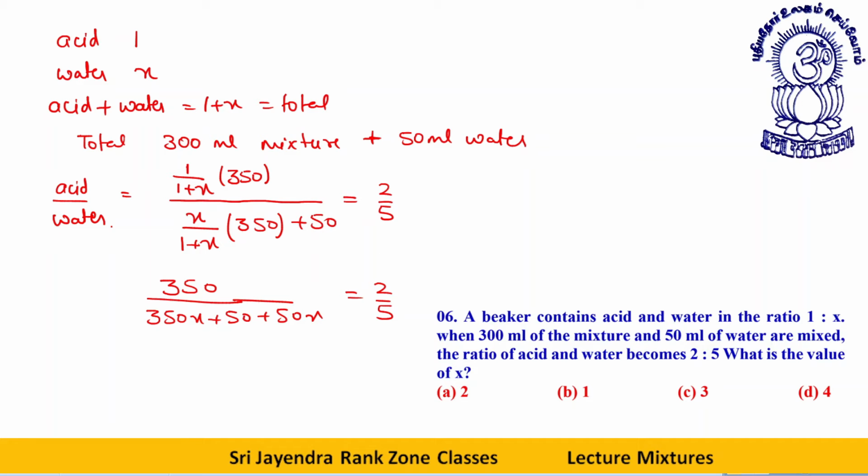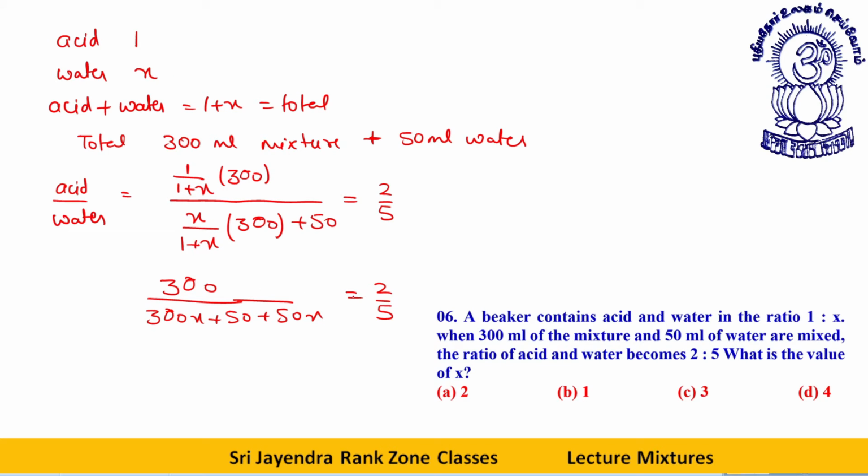Okay, dear friends. Now if I cancel this, 2 cancelled by 350. So I just did a small mistake. This is 300 everywhere, not 350. Okay, so 300, yes.